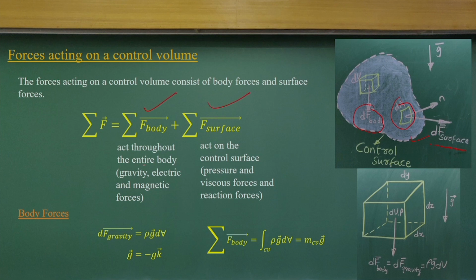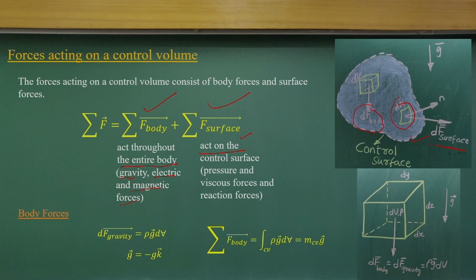The body force acts on the entire body, and the one we most often use is gravity. Other electric and magnetic fields are not considered in this case, but in some cases we can consider them. The other is the surface force acting on the control surface. The forces acting on the control surface will be the pressure force, the viscous force, and any reaction forces, like when a control surface is cutting through a rigid part, so there will be reaction forces.